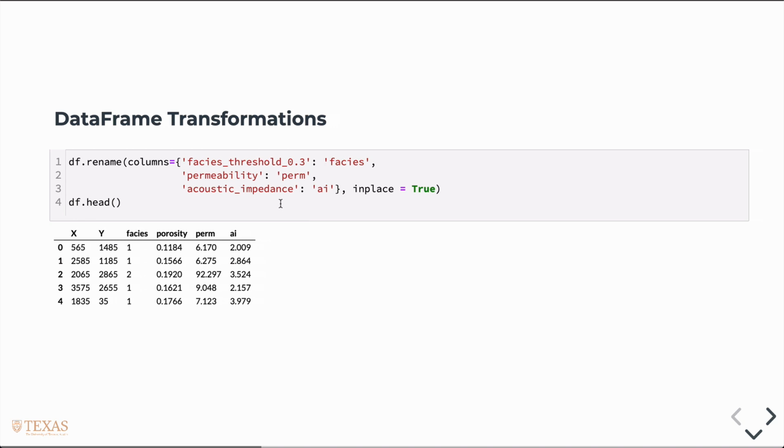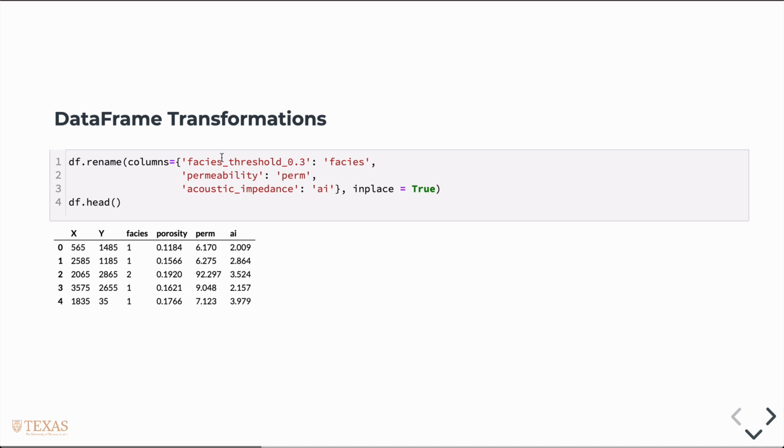We're going to look at some other types of transformations of a data frame. For example, the original columns, as they were in the file, the column labels were kind of long. Facies threshold 0.3, permeability, acoustic impedance. If we wanted to create shorter labels so that we could refer to them in a more compact way, we can use the data frame rename command, passing it the argument columns as a dictionary.